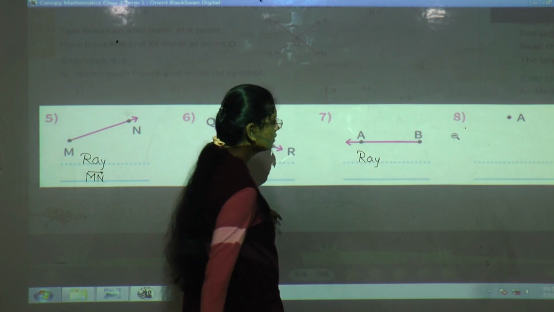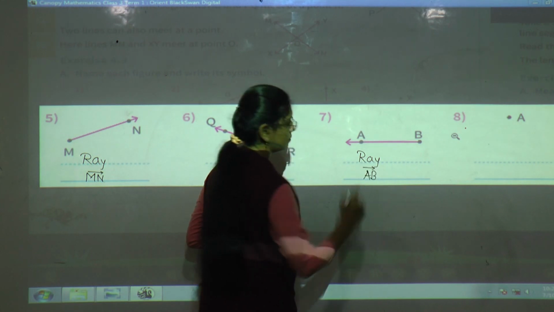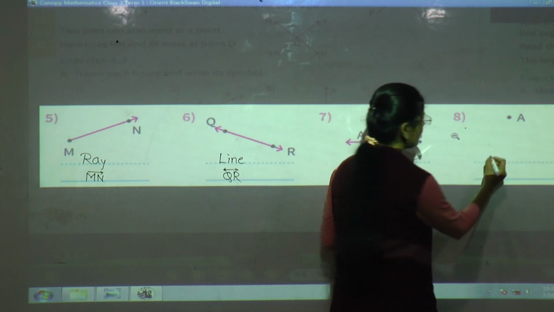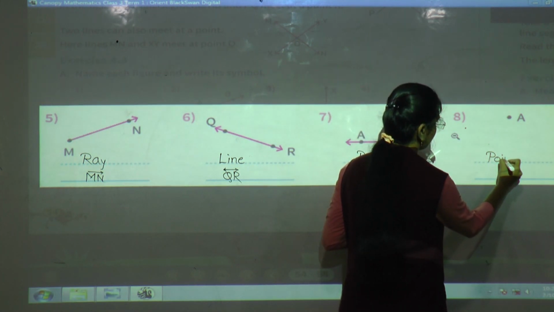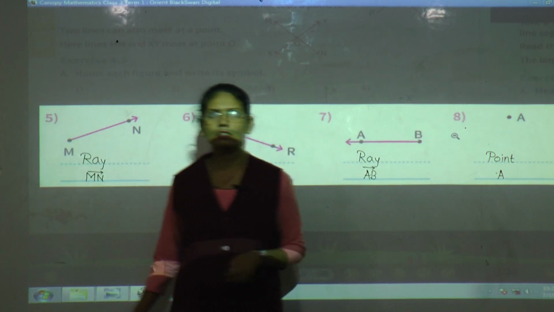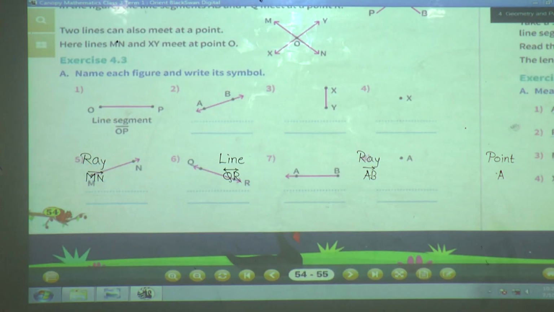Write the name of the ray: ray AB. And the last is point A. Okay, understood? Now here we have completed our first question.